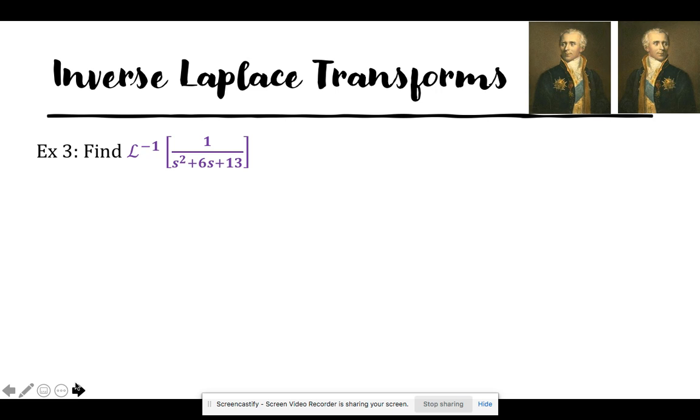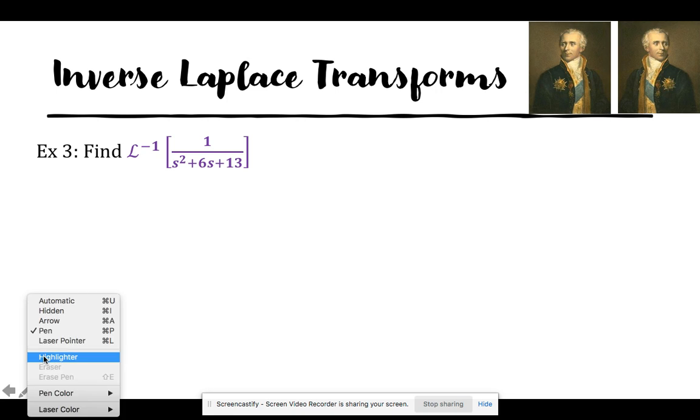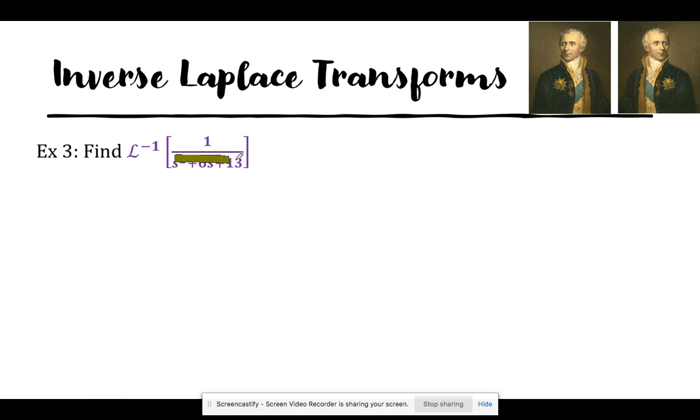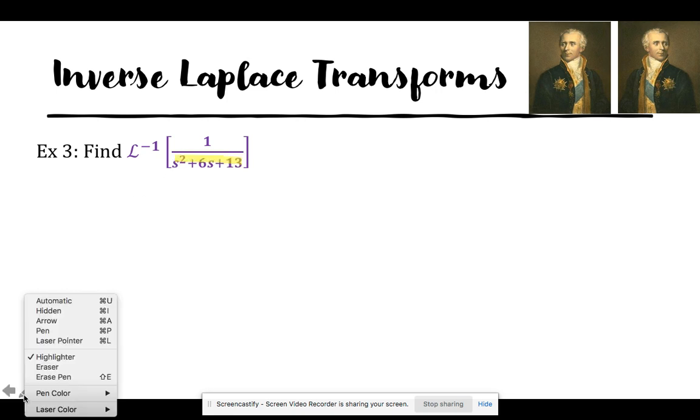Maybe you can see what's coming here, right? I certainly in my table don't see anything like this. Again, step 1 is I look at the denominator and I look at my table.